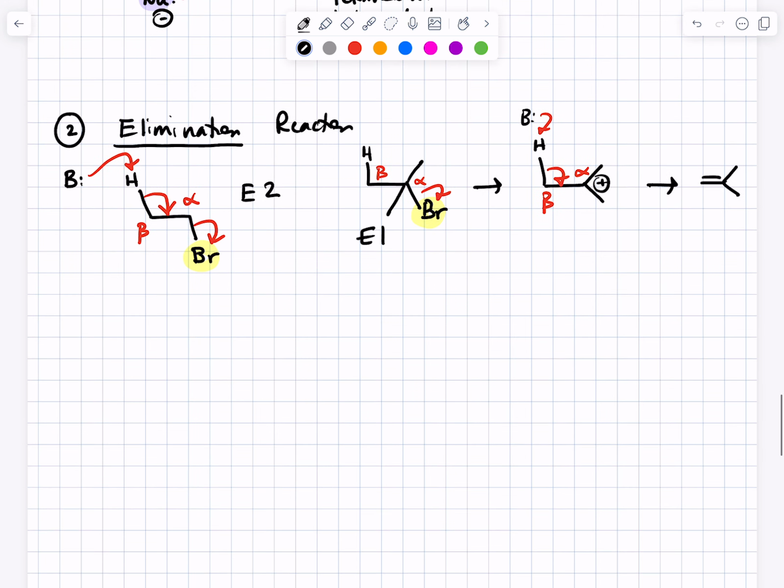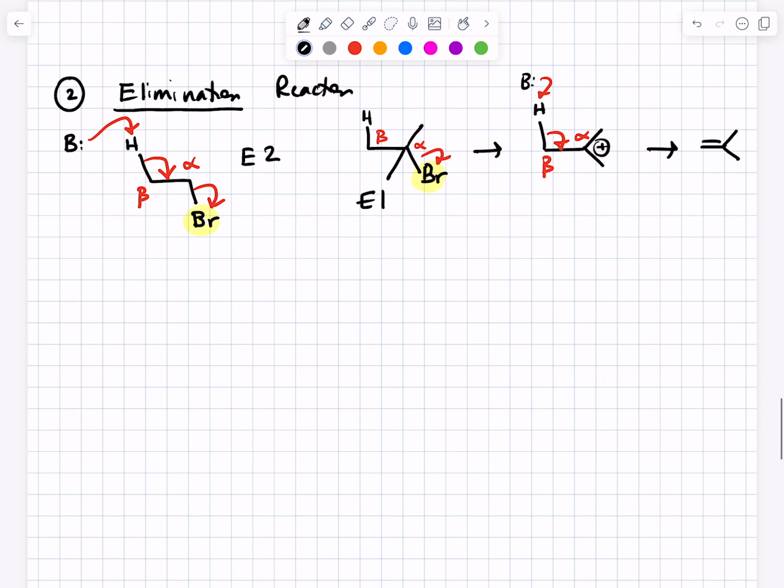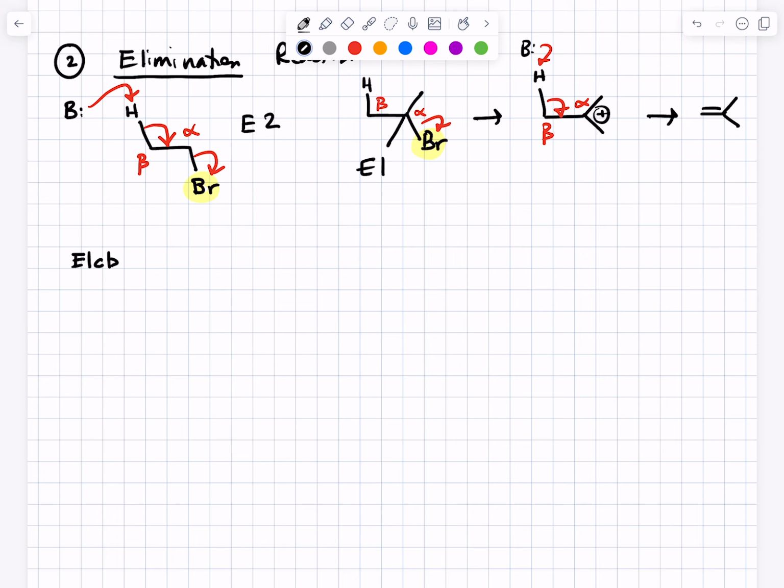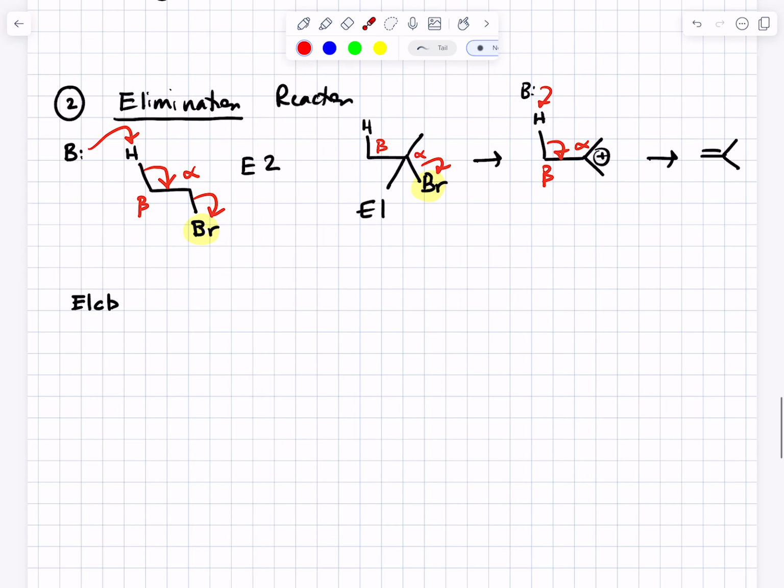Okay. One of the things you didn't learn, or maybe learned, or maybe didn't, is there's another version of an elimination reaction that's actually sort of the conjugate base version of E1. It's called E1CB. We'll see examples of this reaction this semester. Notice how in the E1 reaction, the leaving group leaves first and then the base removes the proton. In E1CB, you start out with the same type of situation, proton on a beta carbon.